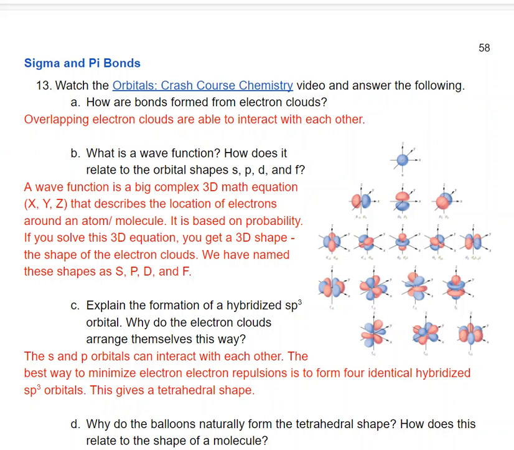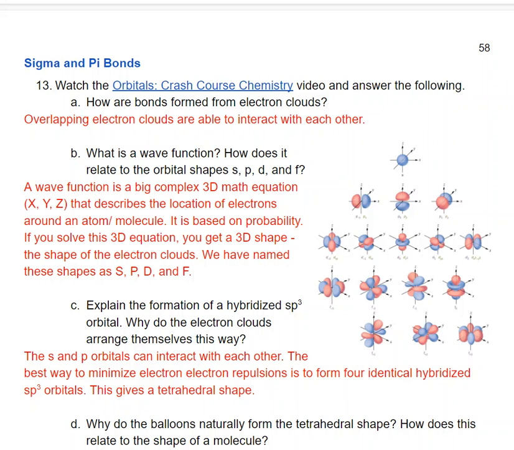So it's going to be in x, y, and z, 3 variables, that describes the location of electrons around an atom or molecule. And this is based on probability. If you solve this big, complicated 3D equation, you get a 3D shape, and that is giving you the shape of the electron clouds. So we have named these shapes S, P, D, and F.